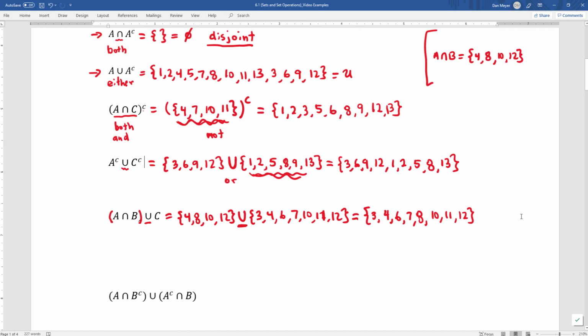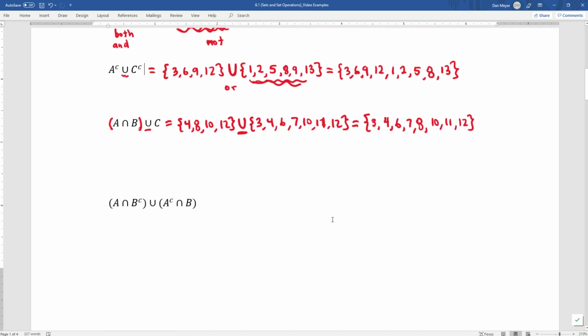All right, this last one, we've got a few things to do. We have A intersect B complement. So everything that's in A and not in B. Or you can think of A but not B. The not comes from this complement.